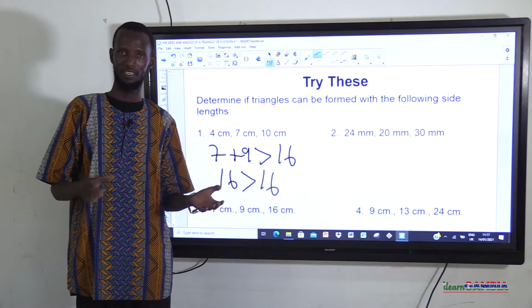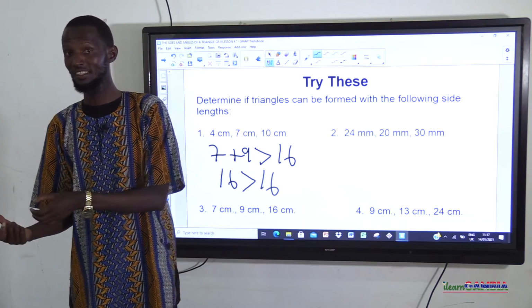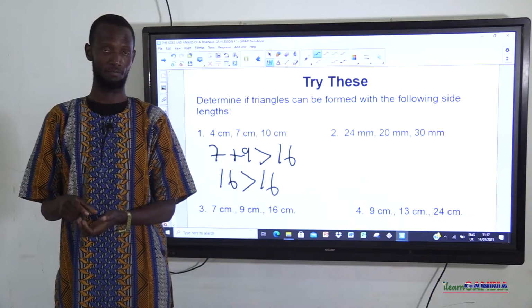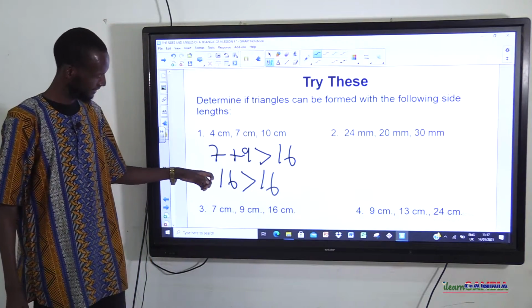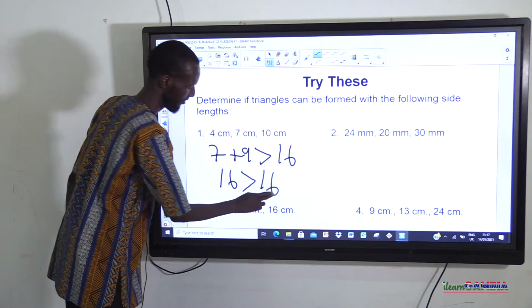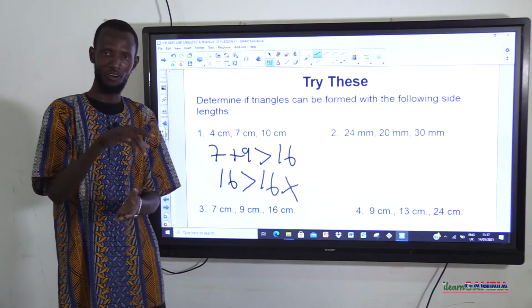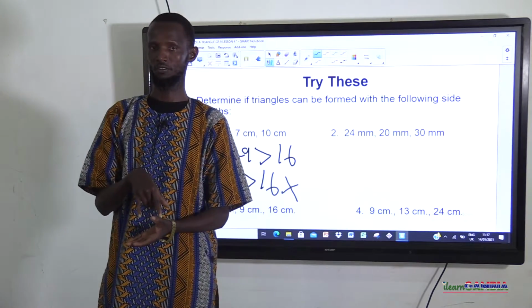But what did we say? Our sum must be greater than the 3rd side. It cannot be less, it cannot be equal to. So obviously this 16 is equal to 16, so this is not working. And remember, we said that all 3 conditions should work.